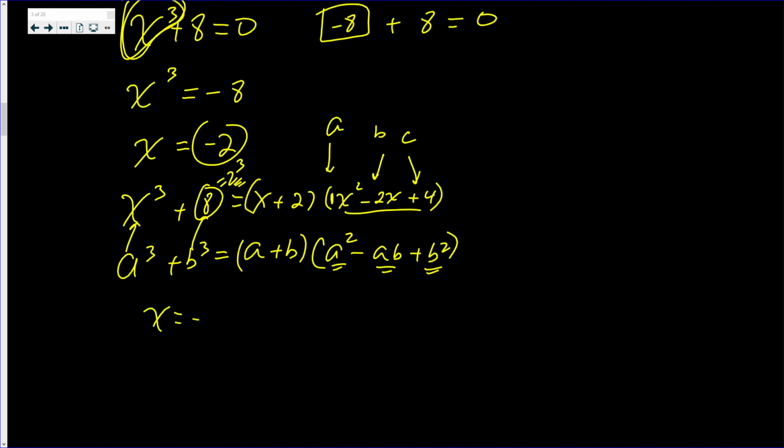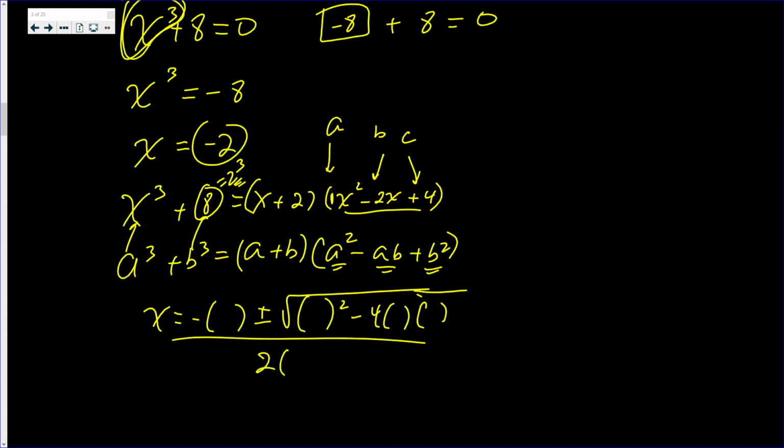So x is -B plus or minus the square root of B squared minus 4AC, all over 2A. My job is to plug in the A, B, and C. B is -2, A is 1, C is 4, A is still 1.